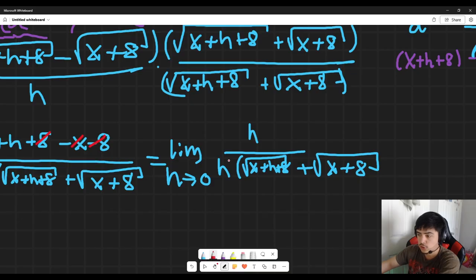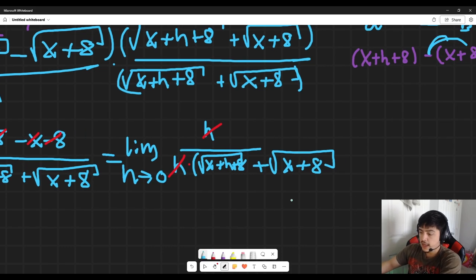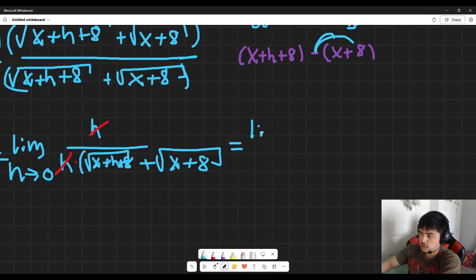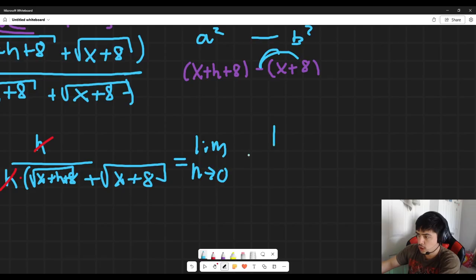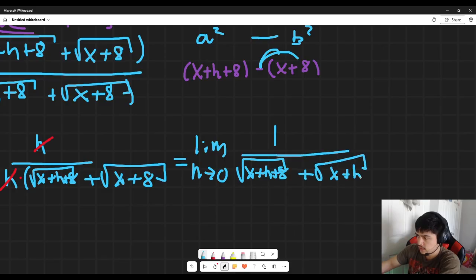Like we did earlier, we cancel them out because there's multiplication going on right here. This is not all one term, this is separate. Since this is all one term, we can cancel some stuff out. And now all we're left with is the limit as h goes to 0 of just 1 over the square root of x plus h plus 8 plus the square root of x plus 8.